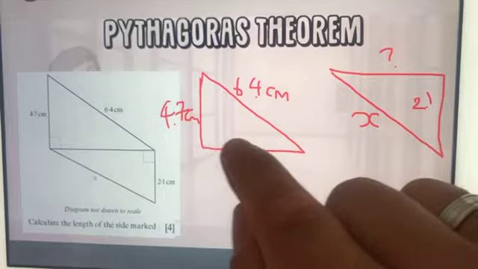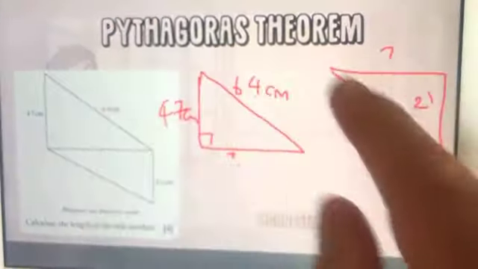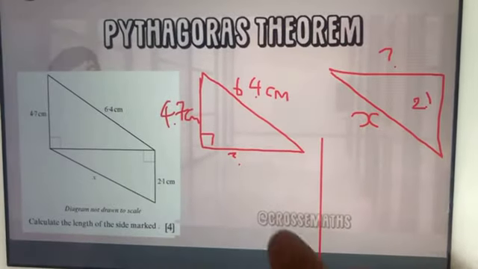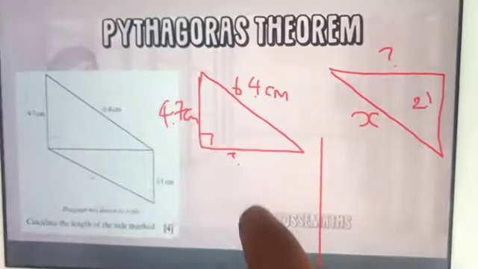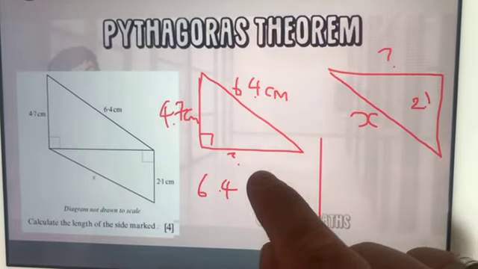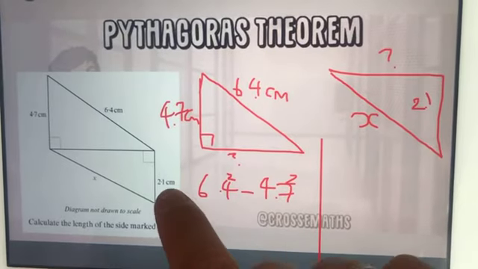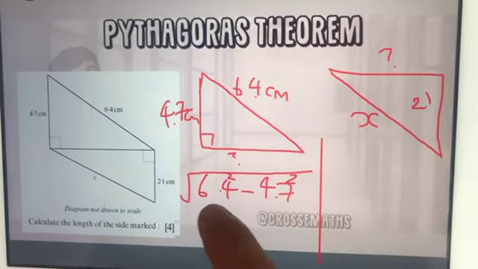If I'm trying to find this side here, that's the Pythagoras stuff that we did in the second half. That is finding the short side. So if I want to find the short side, I know my steps. I've got to do 6.4 squared and 4.7 squared, take them away from each other and then square root.